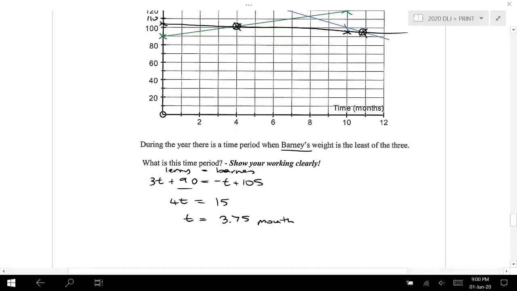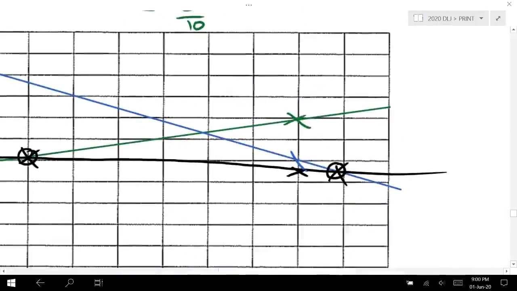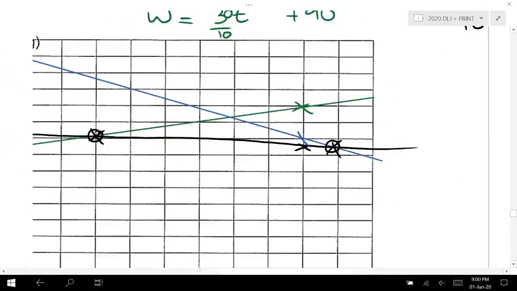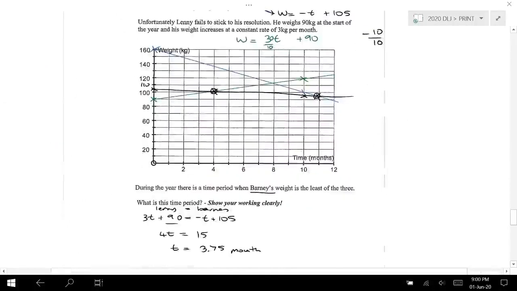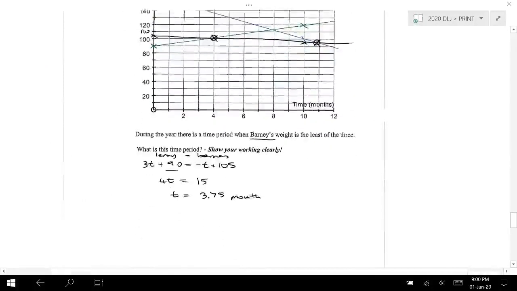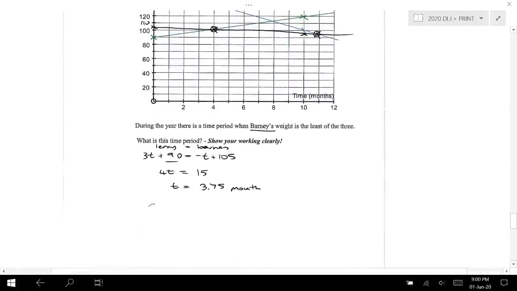And then over here, we've got the blue line intersects the black line. So it's going to be negative 6t plus 160, this is the Homer equation, equal to the Barney, negative t plus 105.